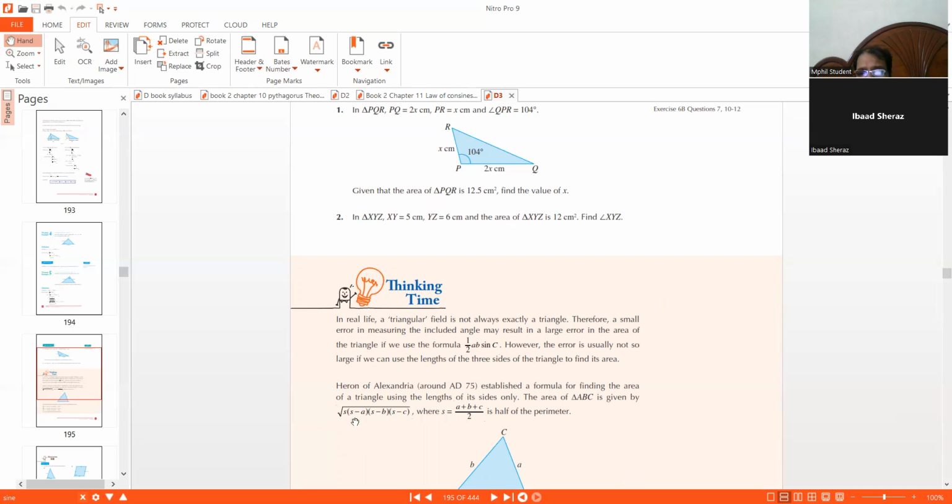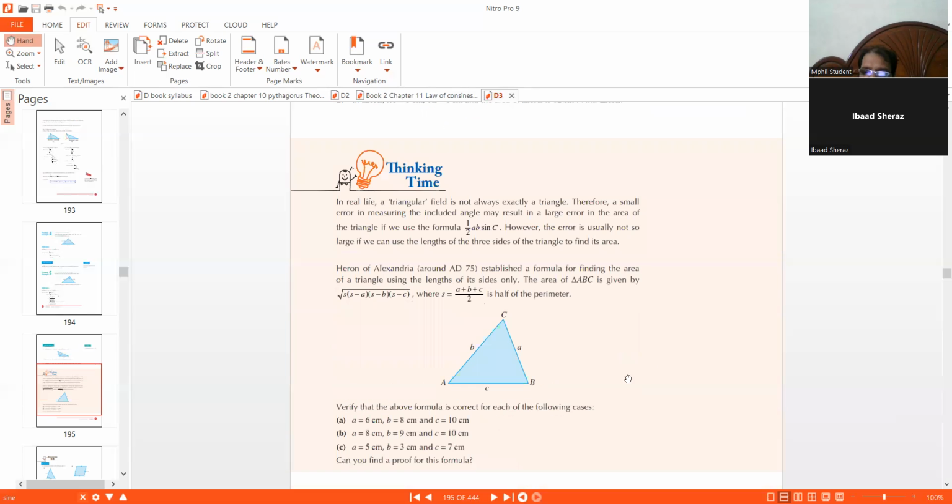Under root s into s minus a into s minus b into s minus c. If you have all the sides available and no angle is required, then the area of the triangle would be the square root of s times (s minus a) times (s minus b) times (s minus c), where s is equal to a plus b plus c divided by 2.